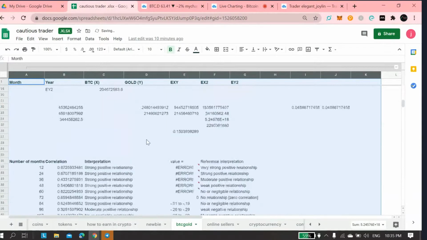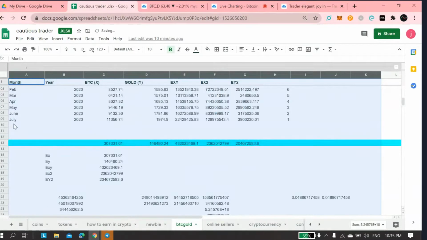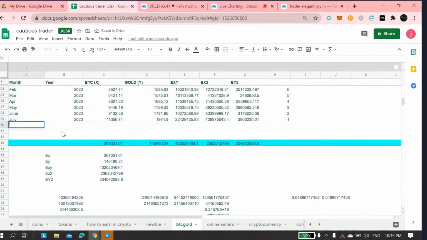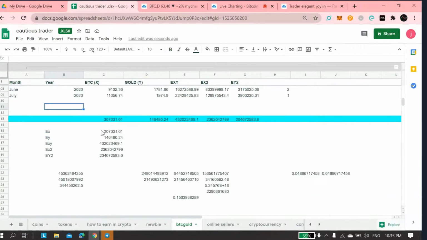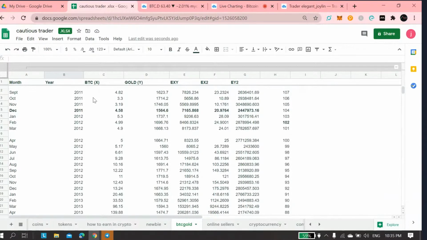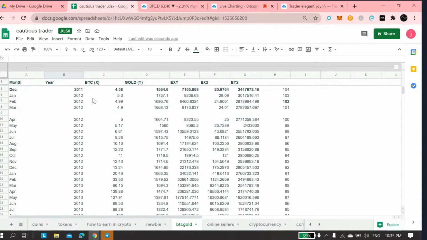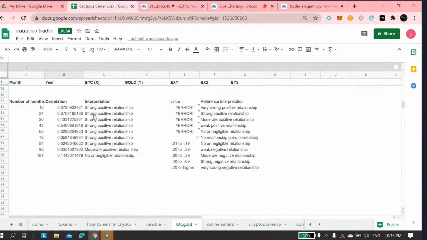So I'll just use the July 2020 from 2011. So they have a strong positive relationship, from the past 12 months until the past 84 months.